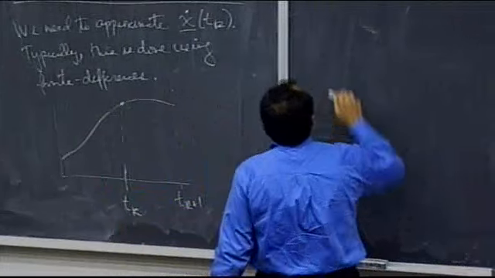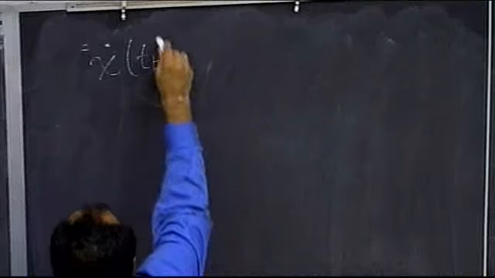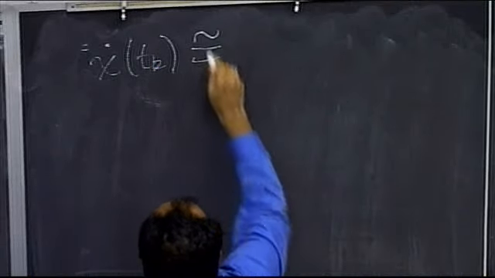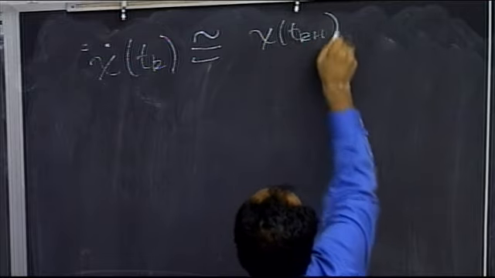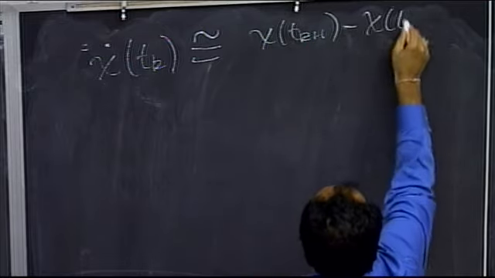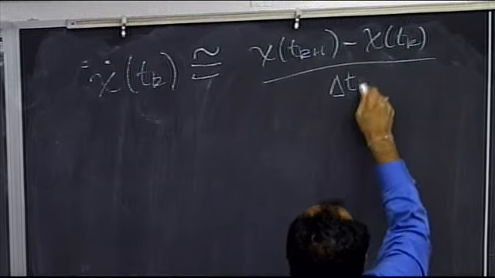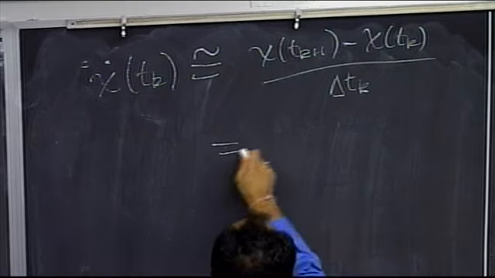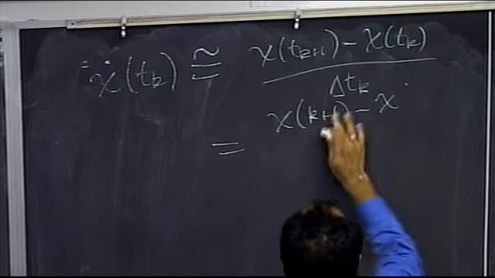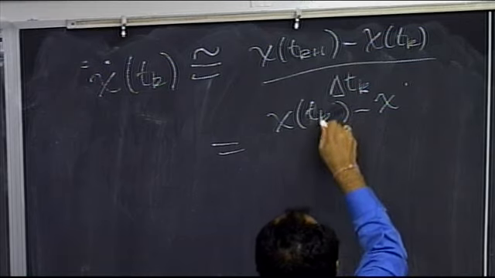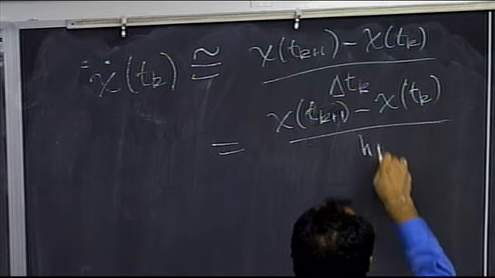So the way this is typically done is you don't normally look backwards. You go forward, and you say, well, x dot of tk is approximately x at tk plus 1 minus x of tk, all divided by delta tk, which is equal to x of tk plus 1 minus x of tk, all divided by hk.